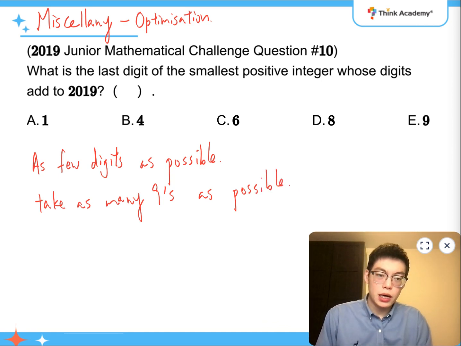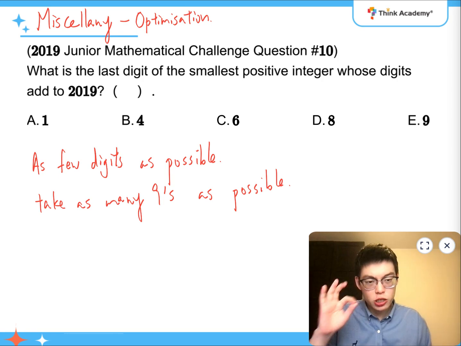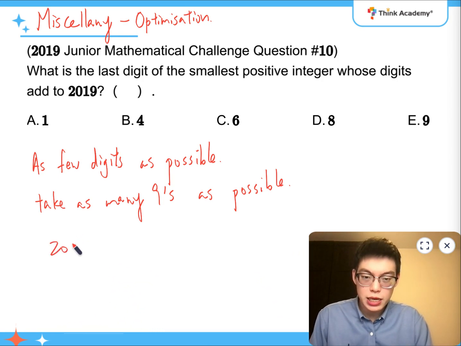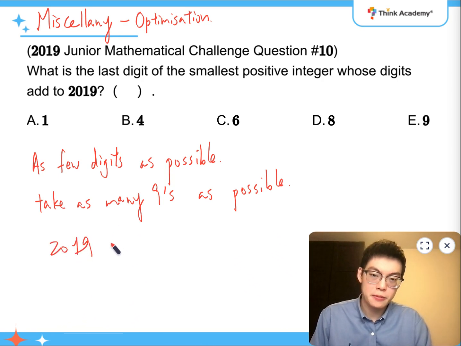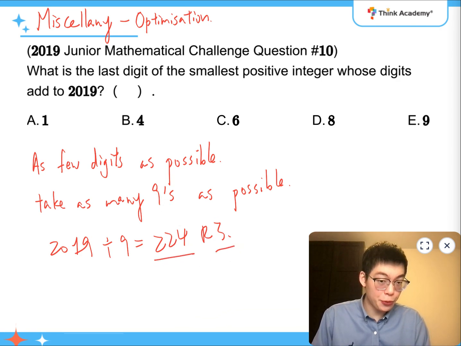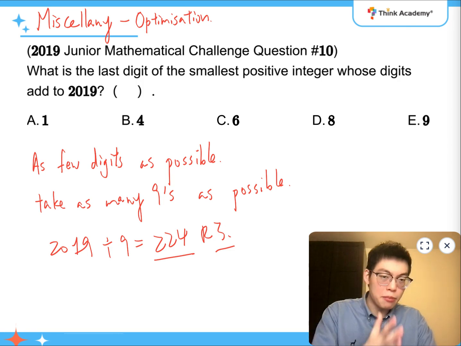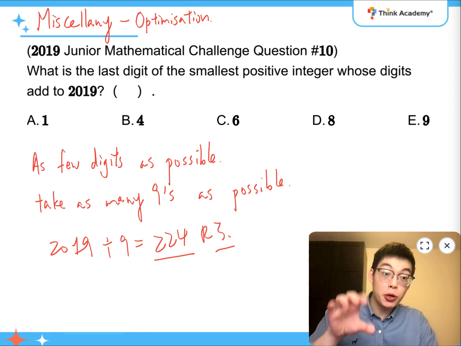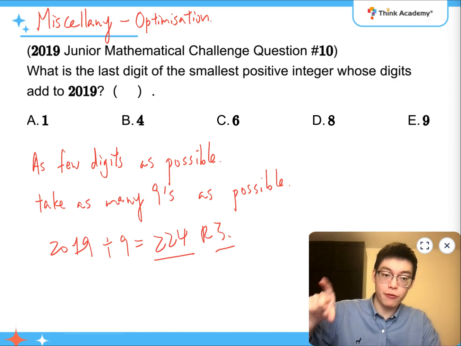Now, I need to add up to 2019, which is not divisible by 9. So let's see how many 9s do we need there. And it's going to be 224 with a remainder of 3. Which means that I have 224 9s and a 3 in my number. So the next step where we try to compare the numbers is to put the smaller digit in front, right?